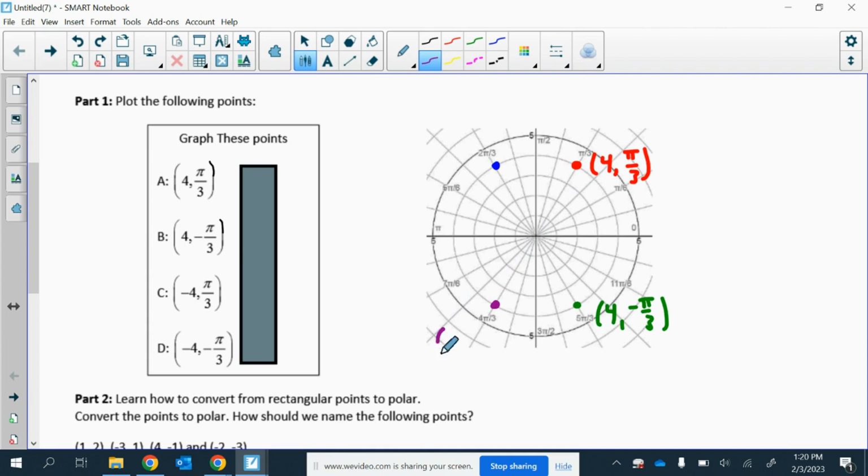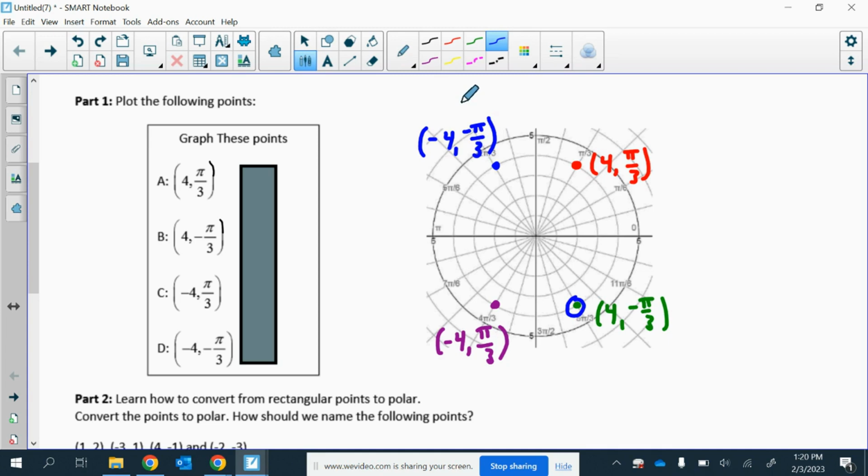So that's going to be the purple point. Negative 4 comma pi thirds. And finally, negative 4 comma negative pi thirds would be going negative pi thirds, but instead of going a radius of 4, we're going to go in the opposite direction and go a radius of negative 4. So the blue point would be negative 4 comma negative pi thirds.